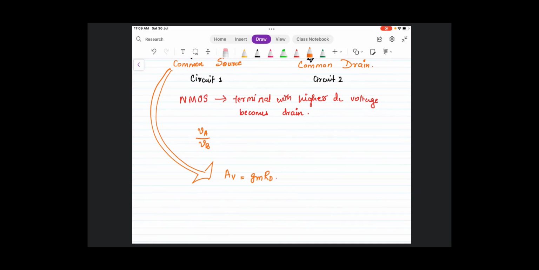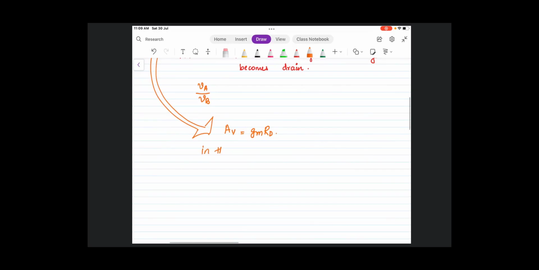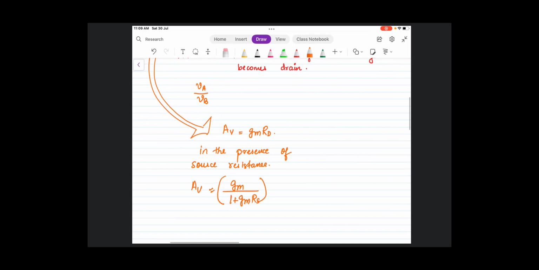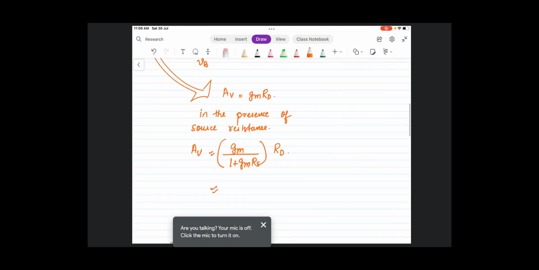But in the presence of a source resistor, the AV turns out to be gm by 1 plus gm RS, that is, the gm gets degraded by the source resistance, multiplied by RD, and therefore it is approximately equal to RD upon RS.